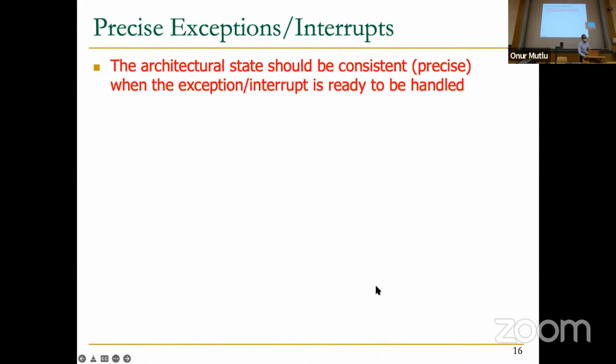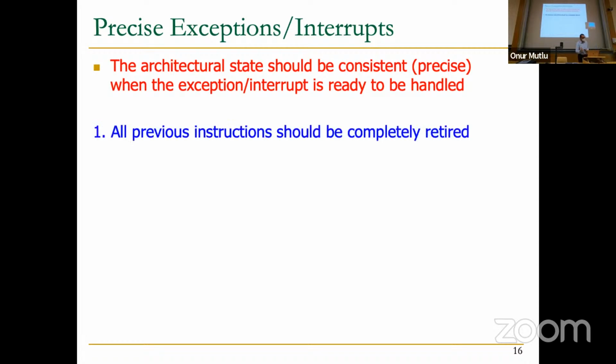Okay, any questions? Now that I've laid the ground, let's talk about how to handle these. And we're going to introduce the concept of precise exceptions and interrupts to solve the problem that we saw earlier with the out of order updates of the register file. Basically, the architectural state should be consistent or precise when the exception or interrupt is ready to be handled. And this is really a requirement of the von Neumann architecture.